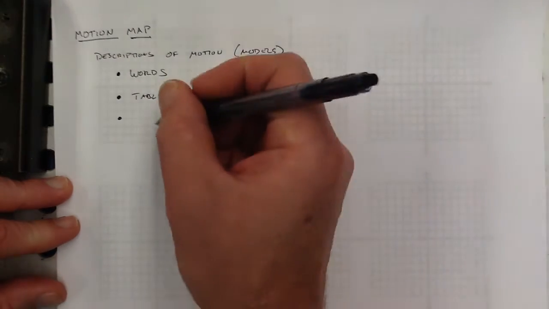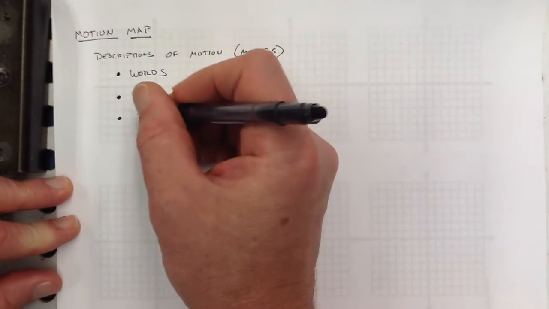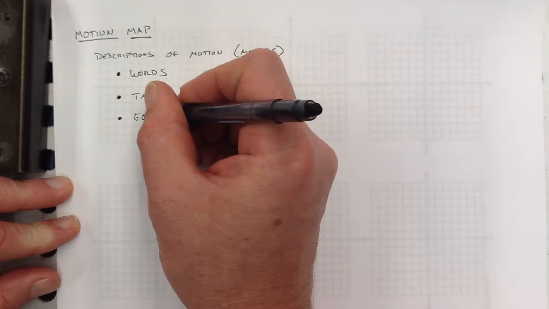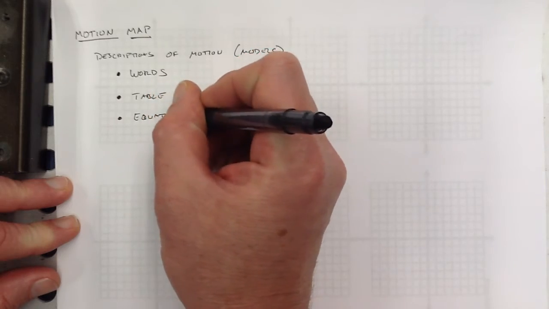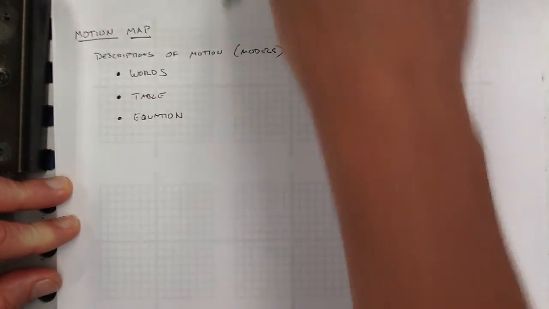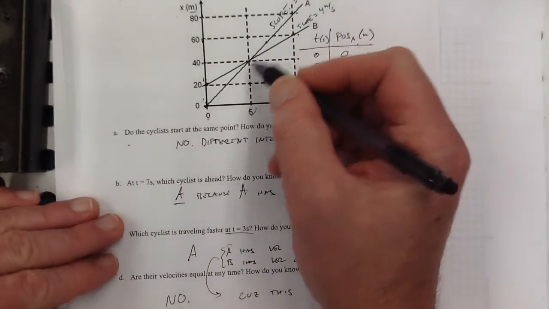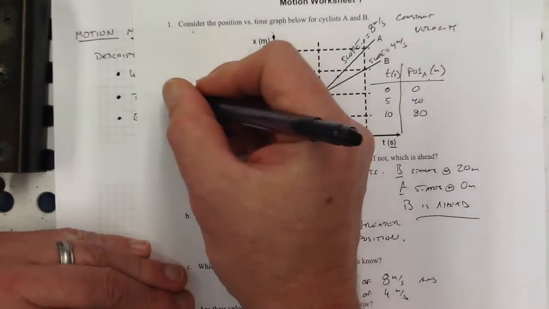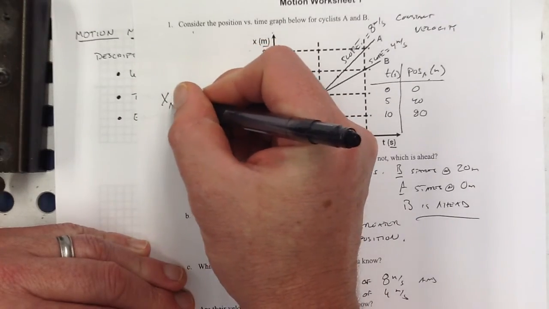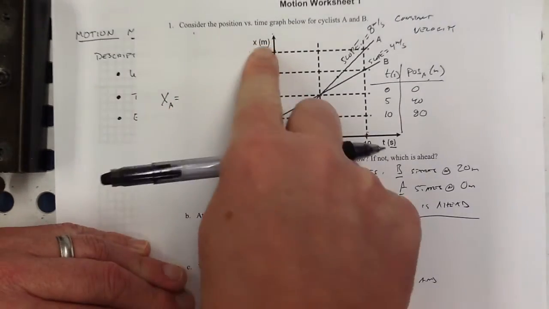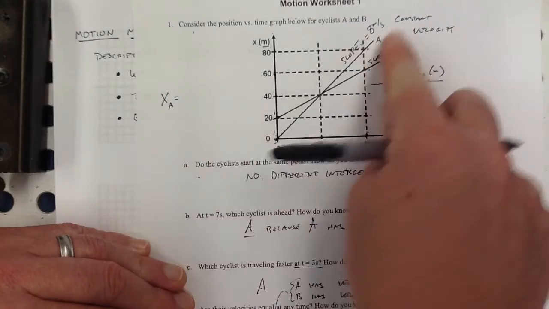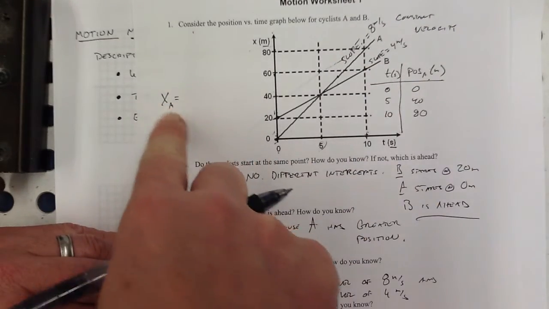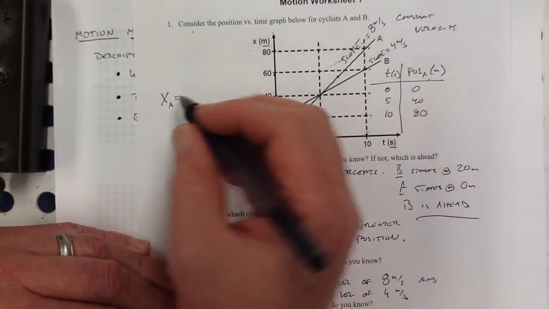You could write an equation, an equation of motion. So for this cyclist A, their position, that's what's on this axis. I'm writing a little a just because there's an A and a B there, and it helps me keep straight which one I'm talking about.